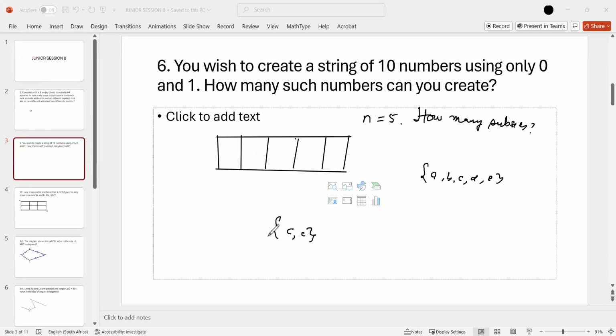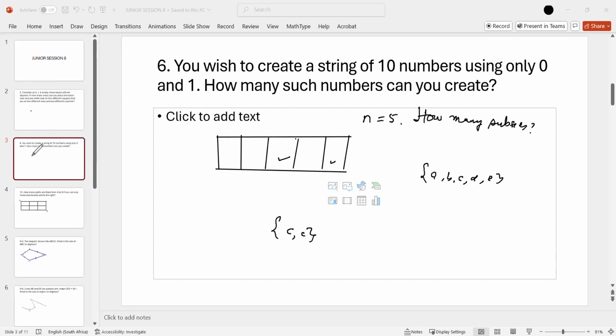Now, this is a C, right? So that I can put a tick here to say this is C and this is E. So this is my subset that corresponds to CE. Okay.